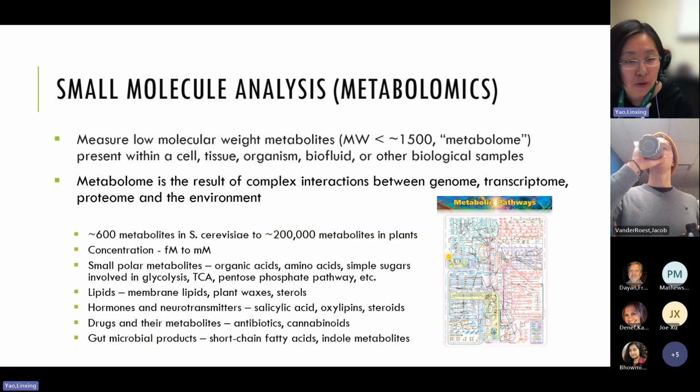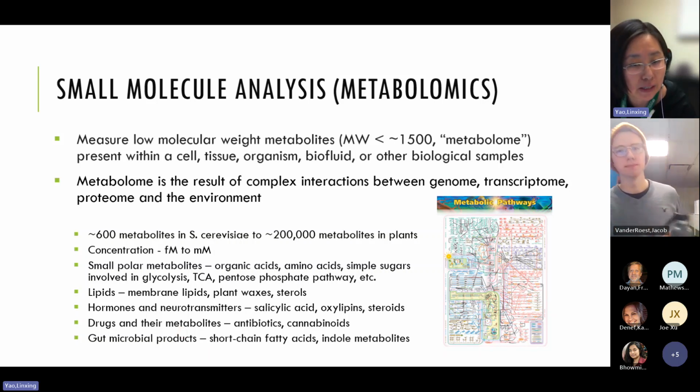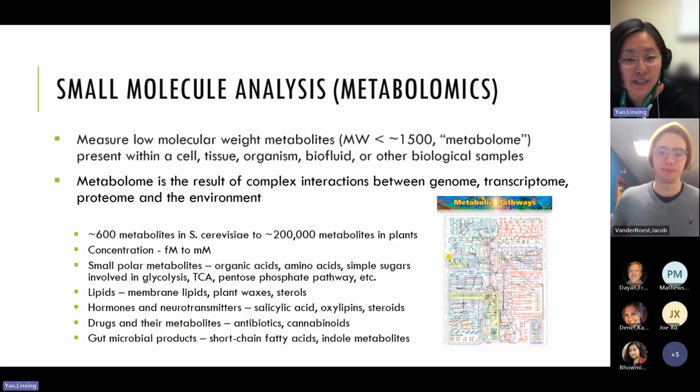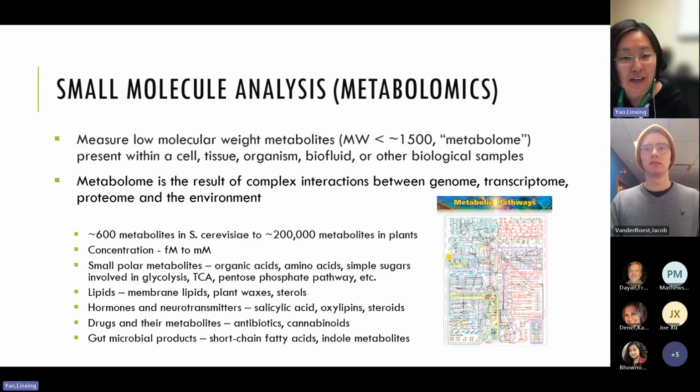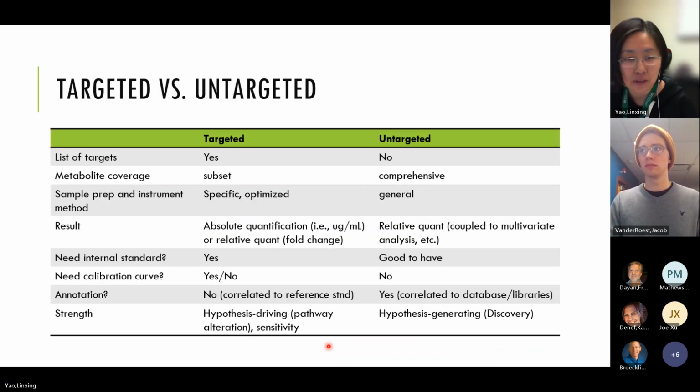Examples of small polar metabolites include organic acids, amino acids, and simple sugars that are involved in glycolysis, TCA, and other pathways in the central carbon metabolism, as well as lipids, hormones, neurotransmitters, drugs and their metabolites, and gut microbial products.